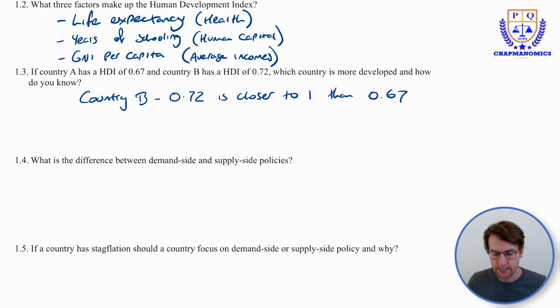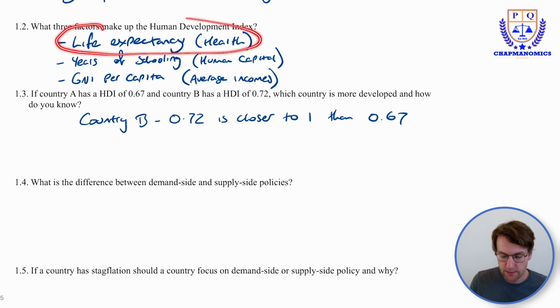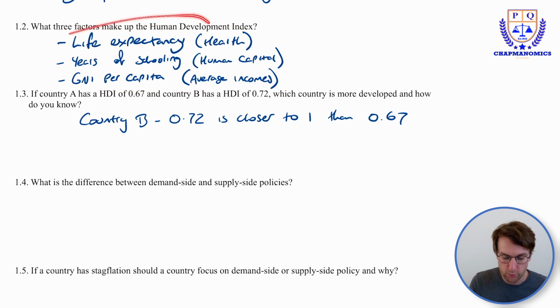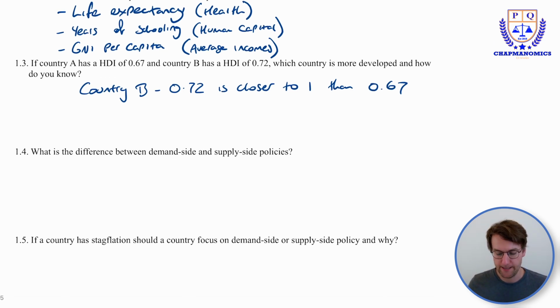And so what this actually means is that in country B, their life expectancy, or their years of schooling, or their GNI per capita, or some combination of these, whatever that combination might be, it might be all three, is higher in country B than in country A. And as a result, as economists, we can make a good normative judgment that's backed up by some positive statements that says that country B is more developed than country A.